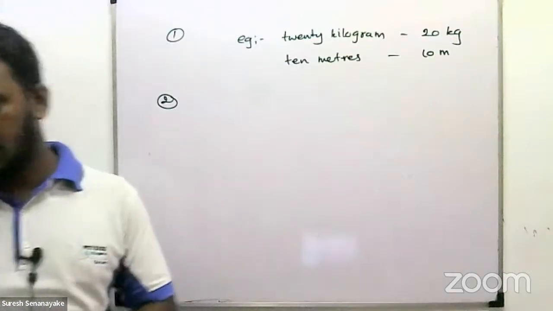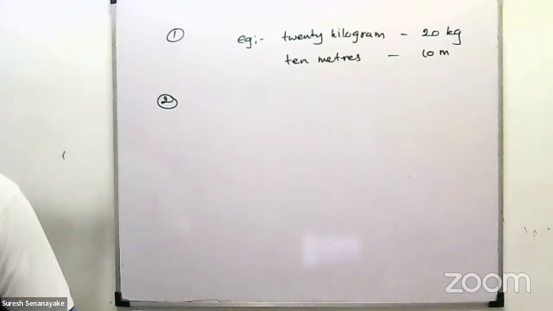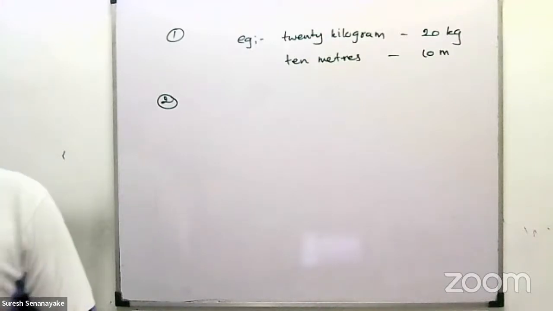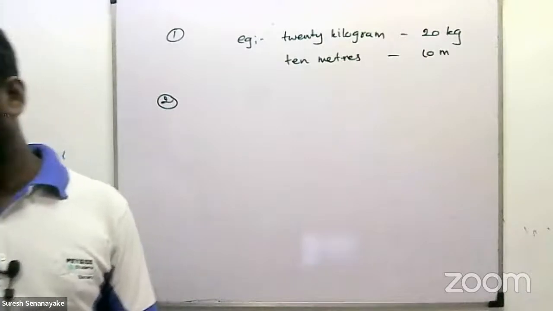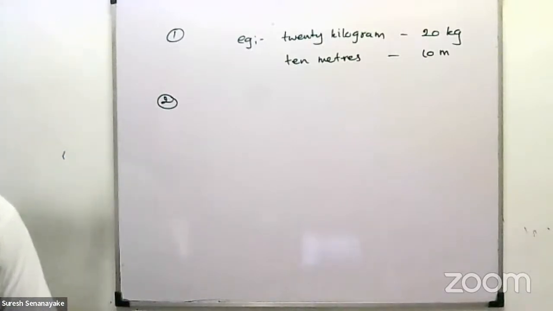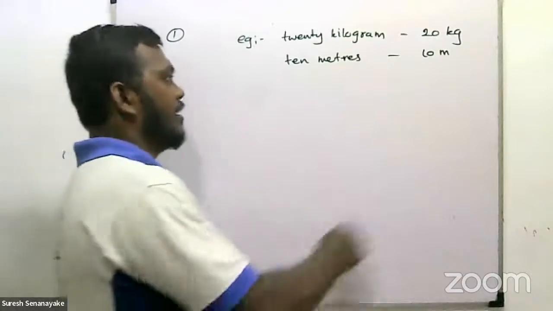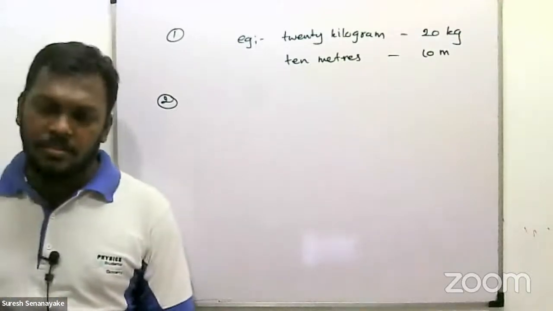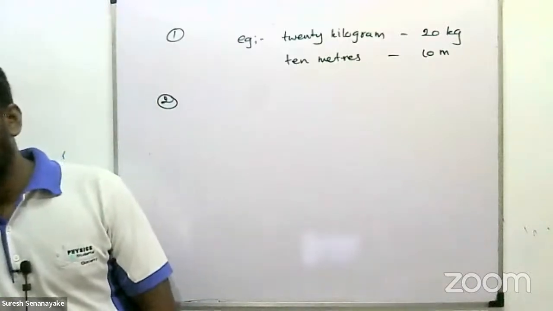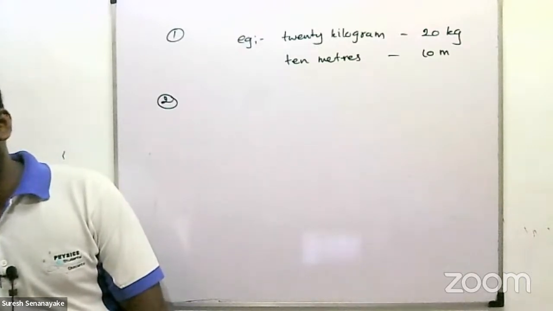Then the second. Next is about plurals. We don't put an s in meters, as a rule. So write this as a rule: no plurals are used in writing SI units, even if the value is greater than 1.